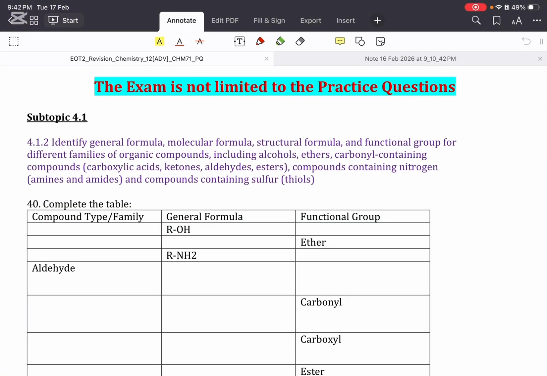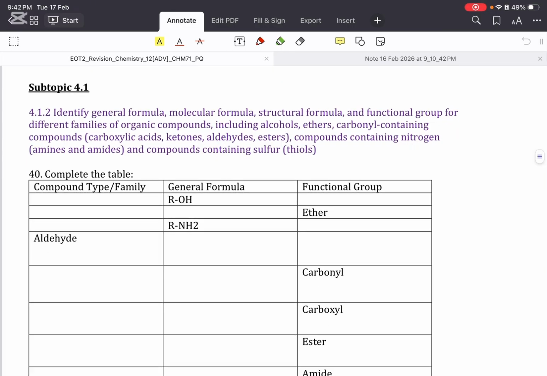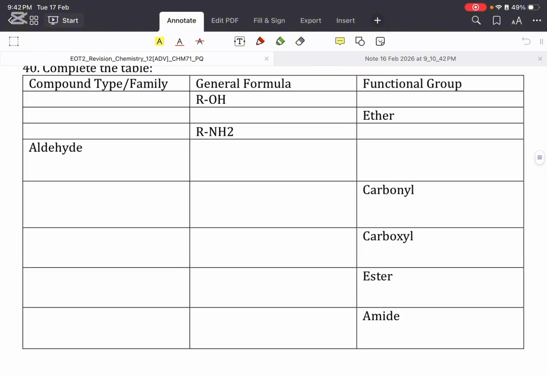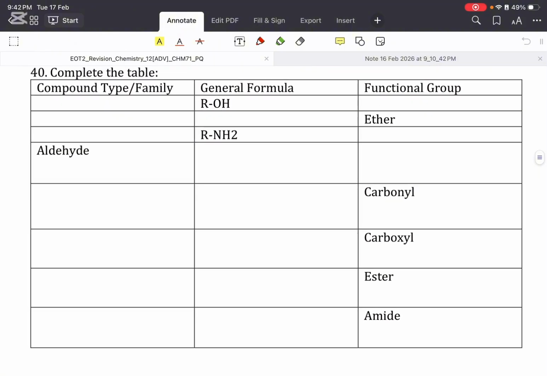Now to answering questions of subtopic 4.1. In this subtopic, you really need to put in a lot of effort and memorize the formula and the name of the functional groups, the name of the functional group, the formula, and the family group it belongs to. So let's begin with all the functional groups that you need to know.